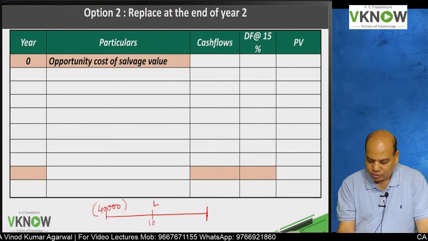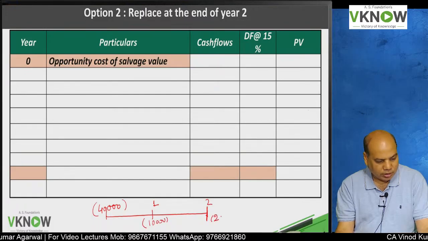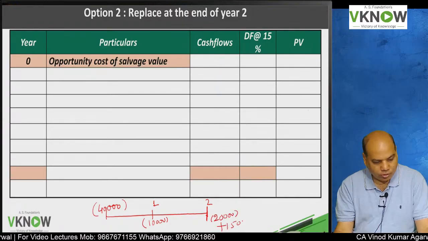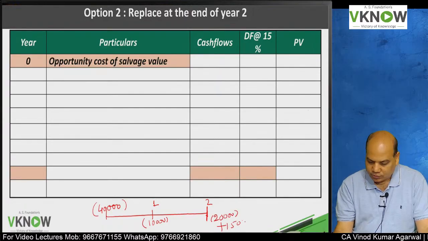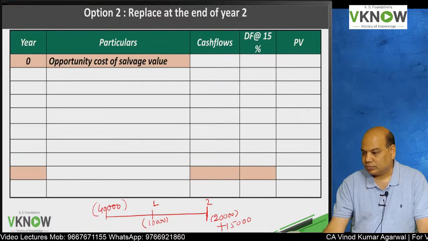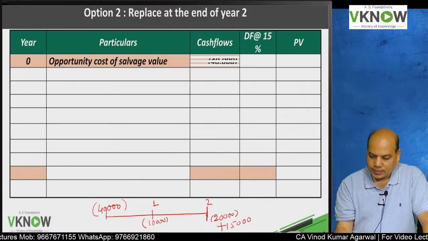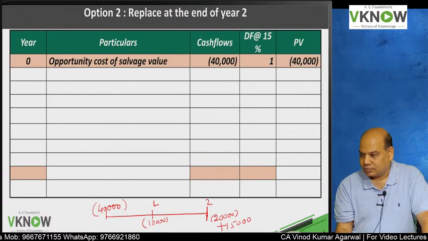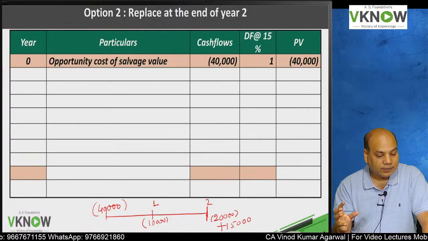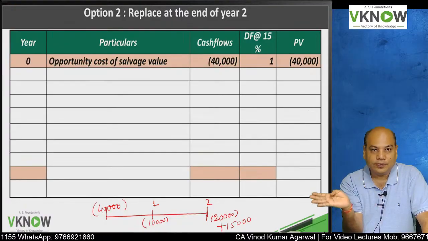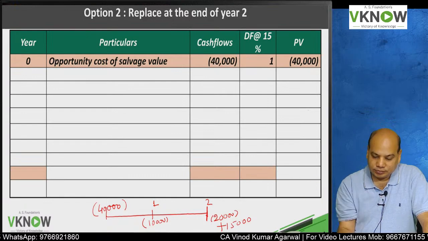In year 1 you incur 10,000. In year 2 you incur 20,000. But you also get a salvage value of 15,000. What will be the equivalent annualized cost? That is the question. Do not consider scrap value every time. You have to only consider it at the end of that period.